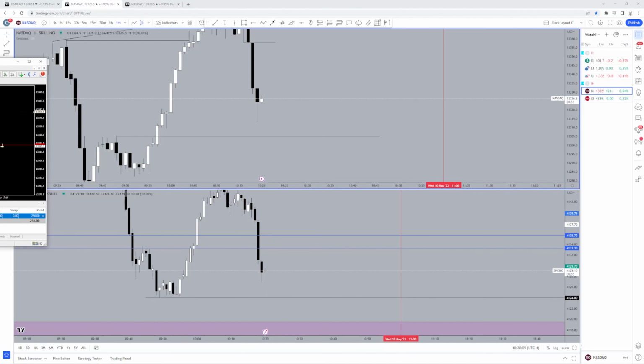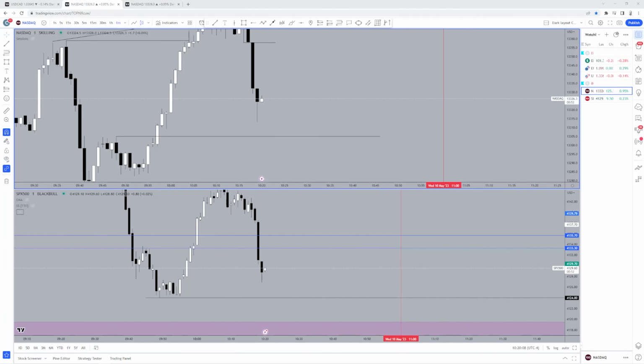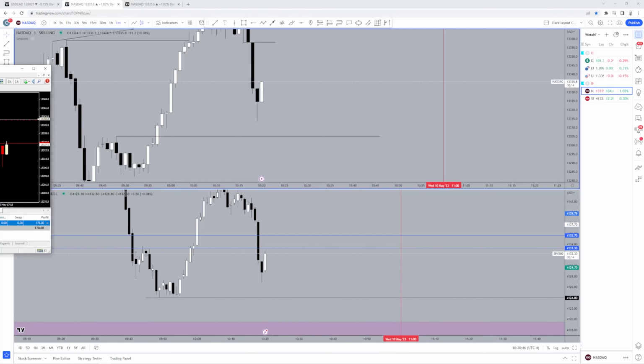I'm still in the rest of the trade right here. As you see, stop loss at break even. I'm monitoring it manually. I will put it actually right now. There you go.